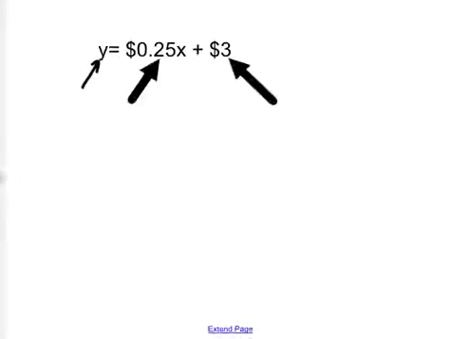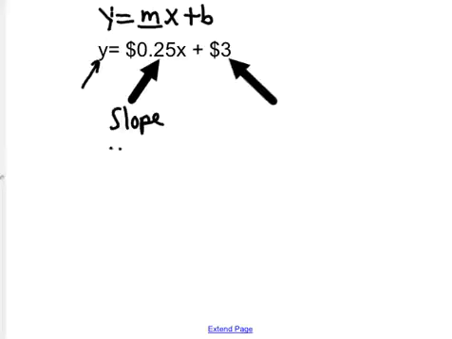In this form, Y equals mx plus b, we know that m is the slope of the line. The slope of the line is the same thing as the rate of change. And over here, this is the initial cost, and that's my y-intercept.